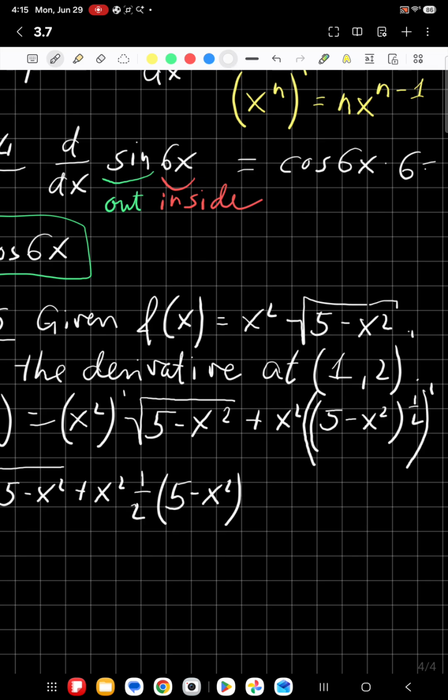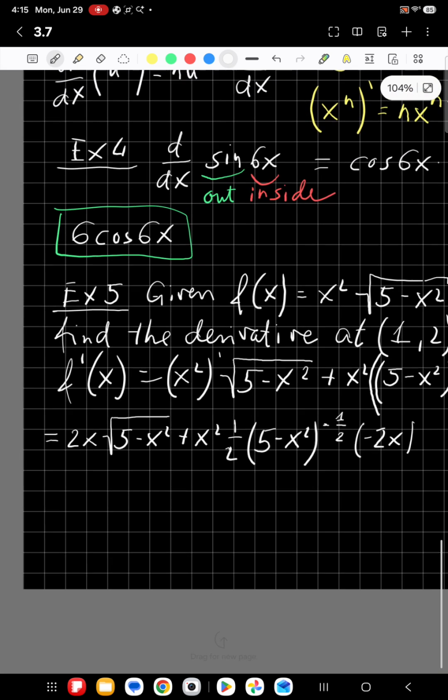Now I'm subtracting 1, so negative 1 over 2, times the derivative of the inside. The derivative of that is negative 2x.